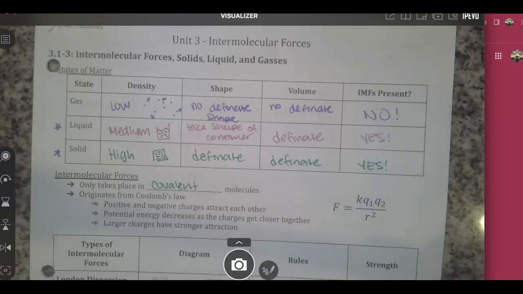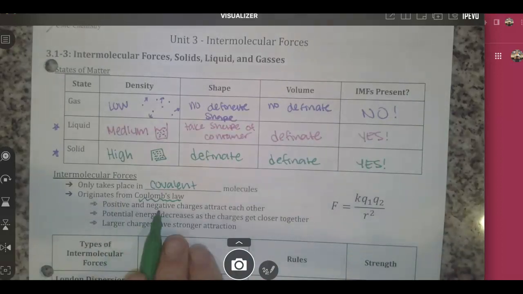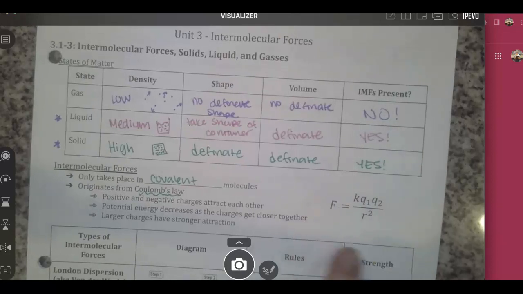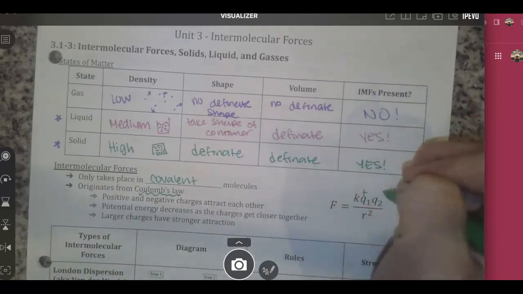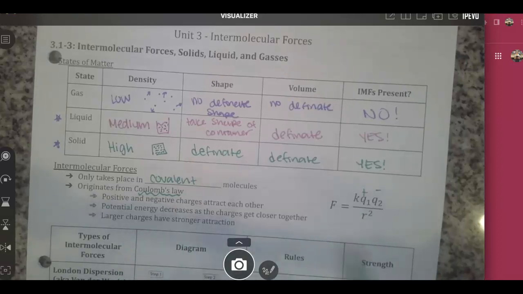Why do they have intermolecular forces? Well, it's because of Coulomb's law. We love Coulomb's law. You guys know this one well by now. We know that positive and negatives attract to each other. These Q's over here in Coulomb's law equation, positives and negatives are going to attract to one another. And we know that the larger the charge is, the stronger the attraction.